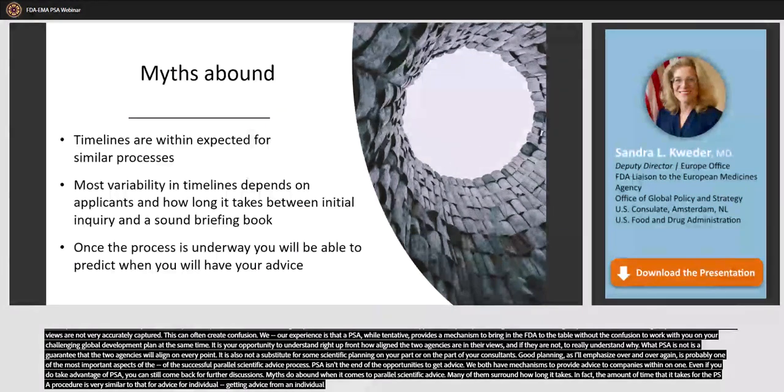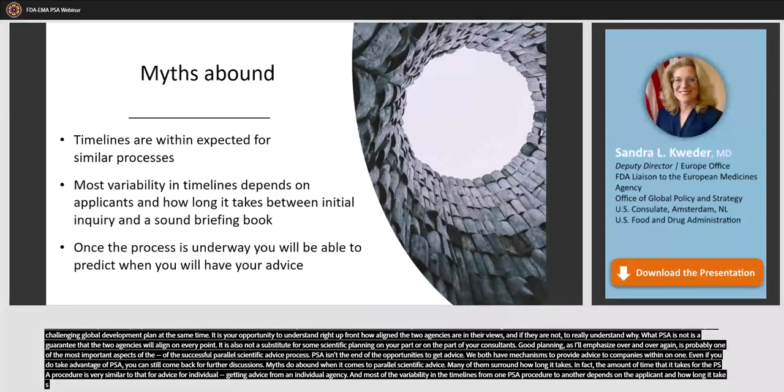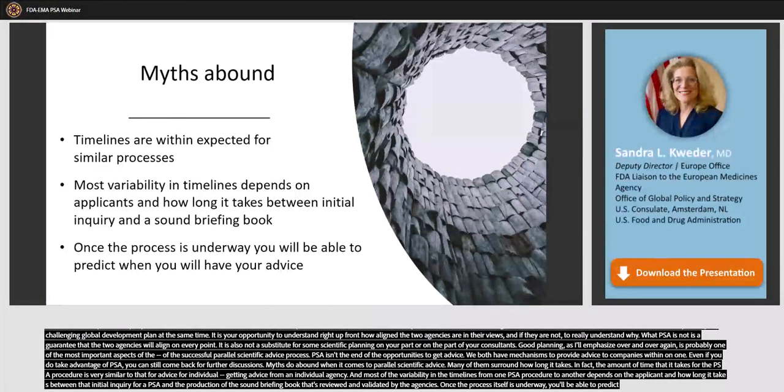Most of the variability in the timelines from one PSA procedure to another depends on the applicant and how long it takes between that initial inquiry for a PSA and the production of a sound briefing book that is reviewed and validated by the agencies.